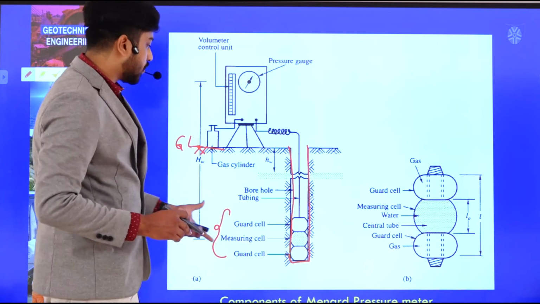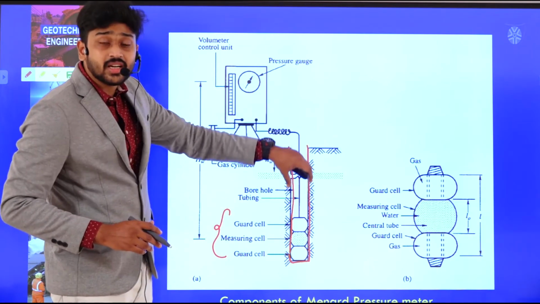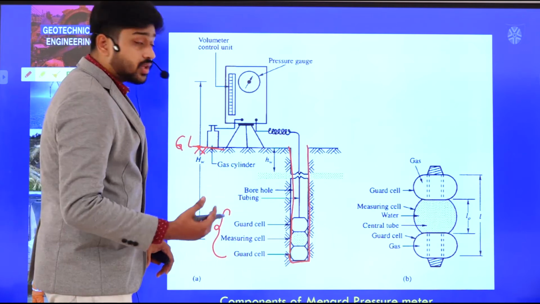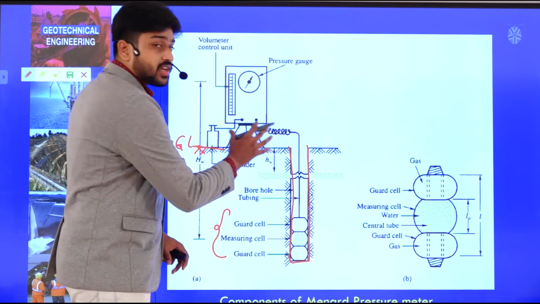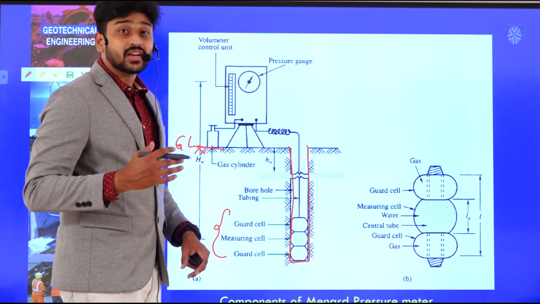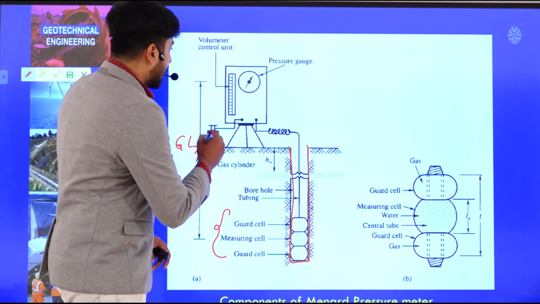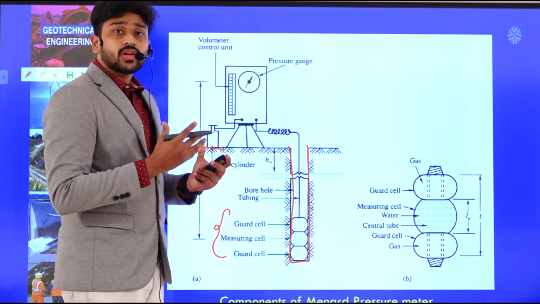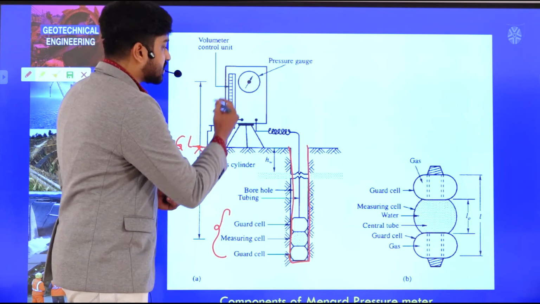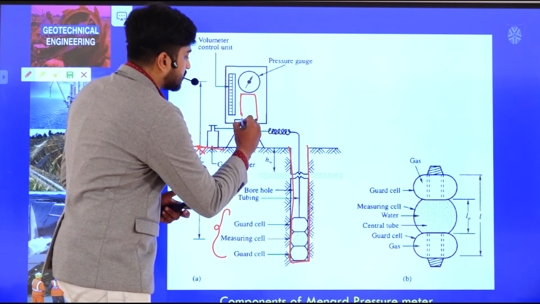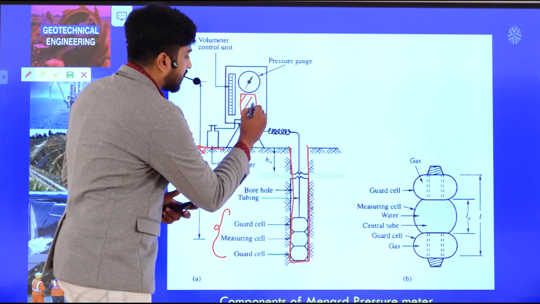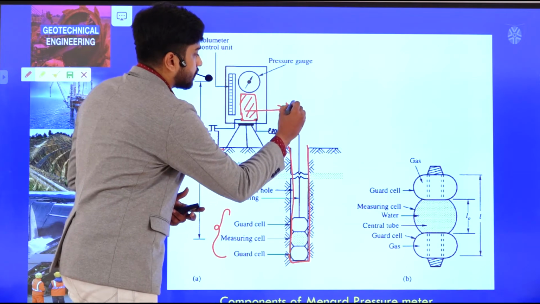This is the probe, which is inserted into this borehole, and how the loading is applied, that we need to understand. It is actually connected to a pressure gauge with a certain amount of water. Let us say there is a measuring jar inside it, so it is having some water.